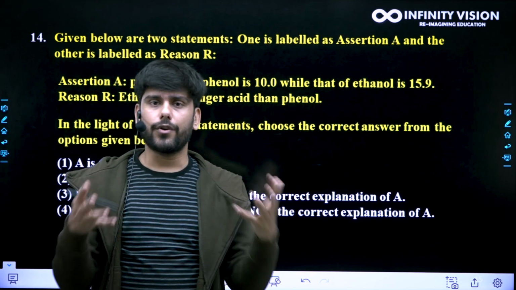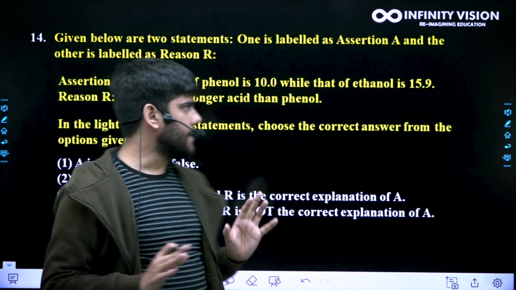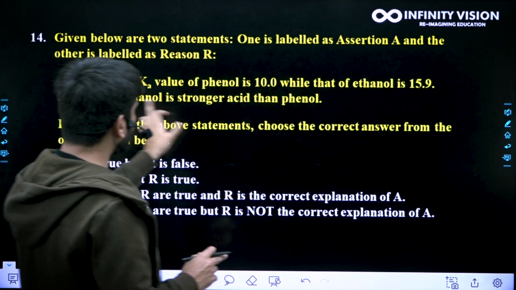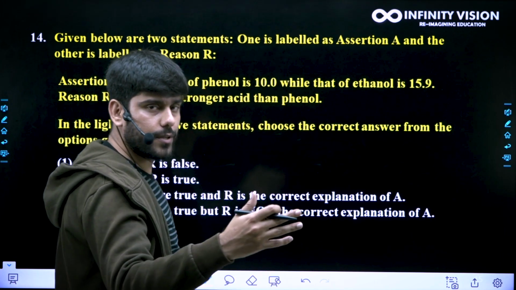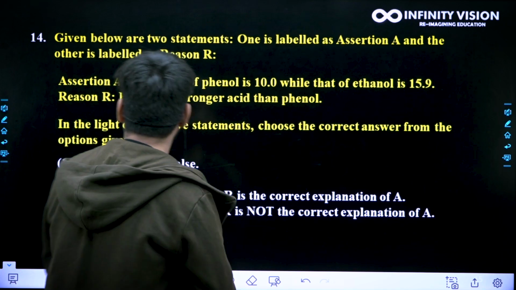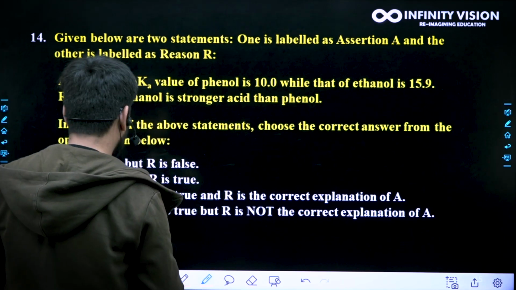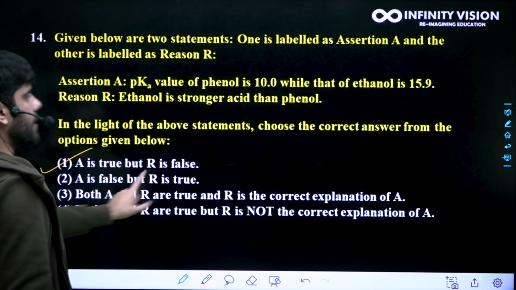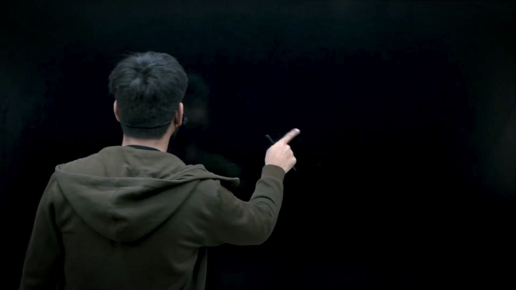Why? Because the phenoxide ion formed after the release of H is resonance stabilized. So is ethanol a stronger acid? No. Phenol is a stronger acid because of the resonance stabilization of the phenoxide ion. So A is true, but R is false. All right. Let us discuss the next question.